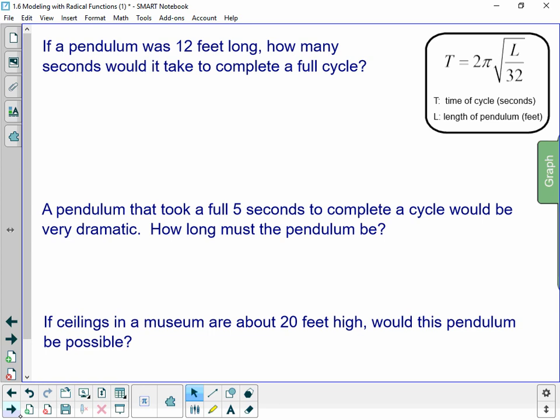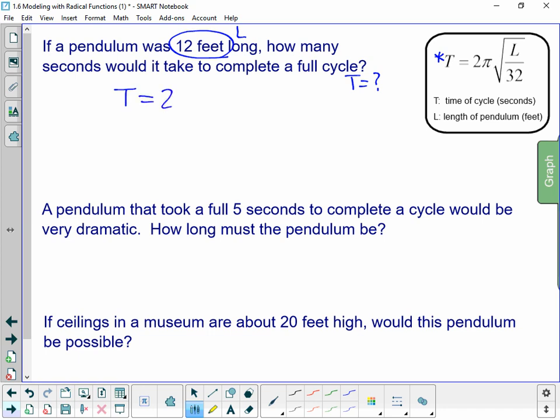If a pendulum was 12 feet long, how many seconds would it take to complete a full cycle? So this one is giving us the L value and asking us to find the time. So in this case, I would actually use the original equation before we manipulated it. The time is equal to 2 pi times the square root of the length divided by 32.